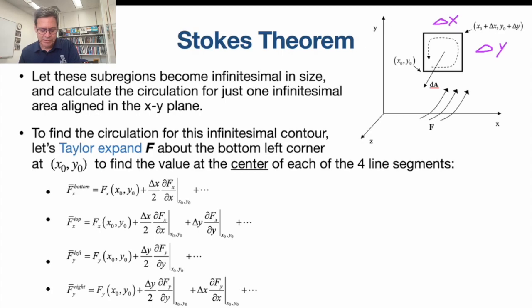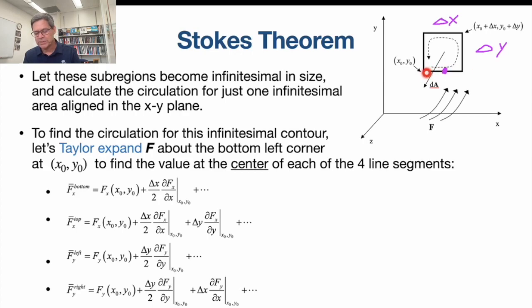Okay. Now what does a Taylor expansion do? We start with the function evaluated at a particular location, say this corner, but I really want to find it in the middle of the bottom segment as my best approximation for what the function is everywhere along that length.